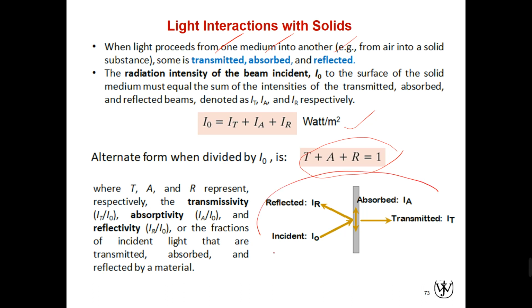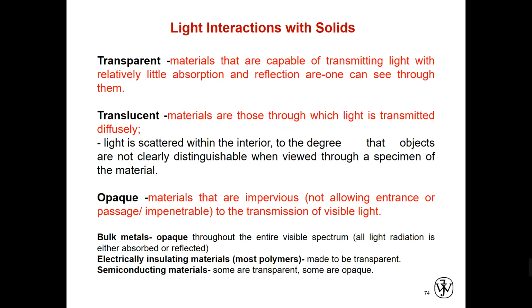So this is the concept. The incident beam or radiation is coming in. Reflected is IR, absorbed is IA, and transmitted, going through the body of the material, is IT, the transmitted beam.